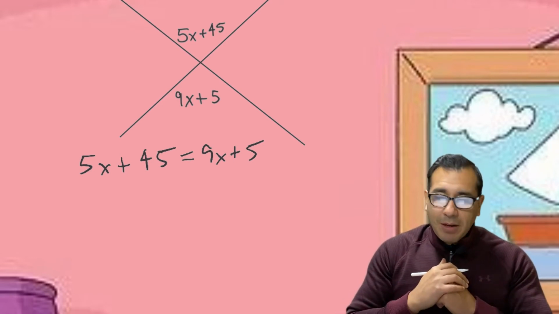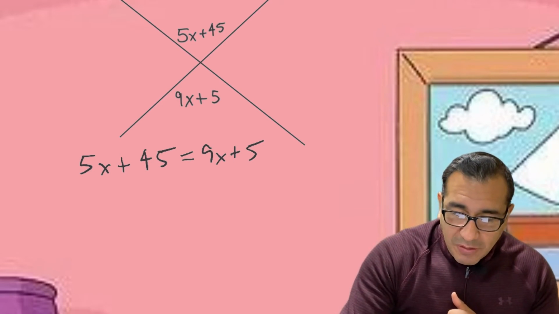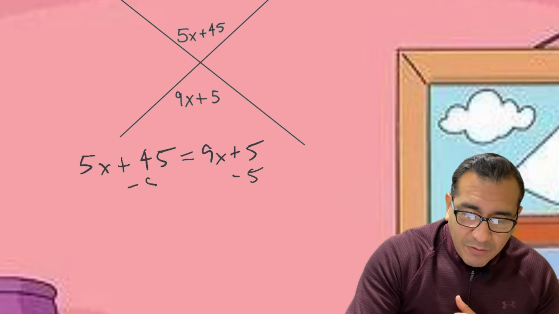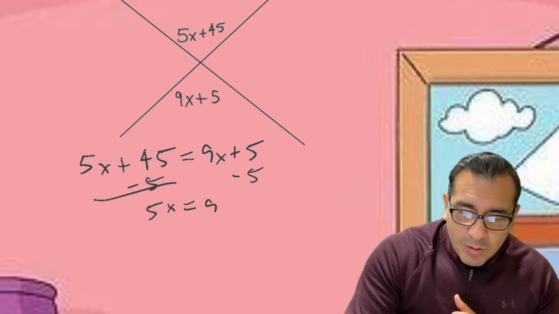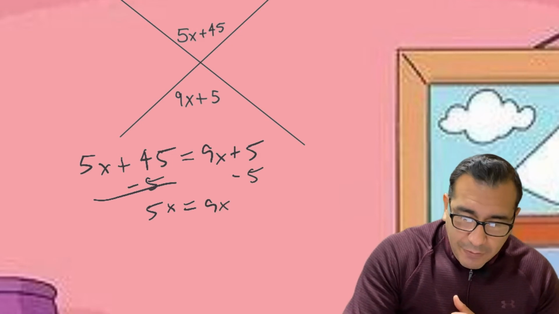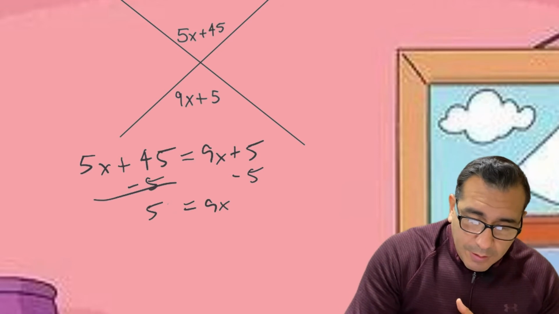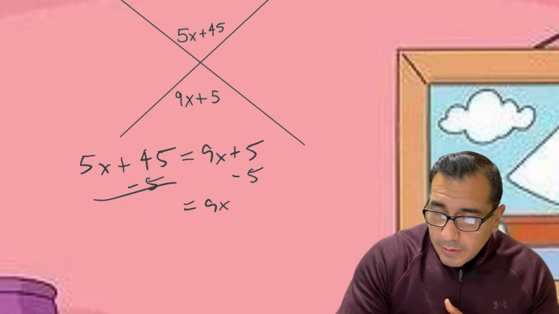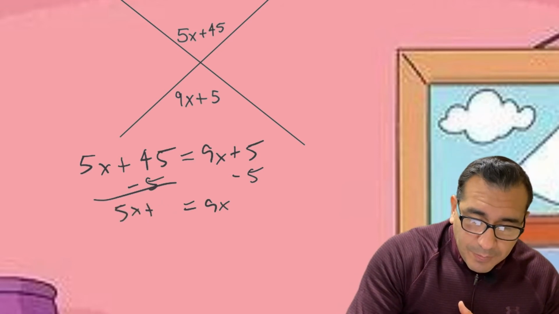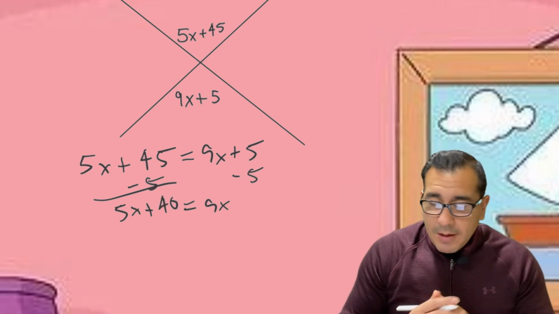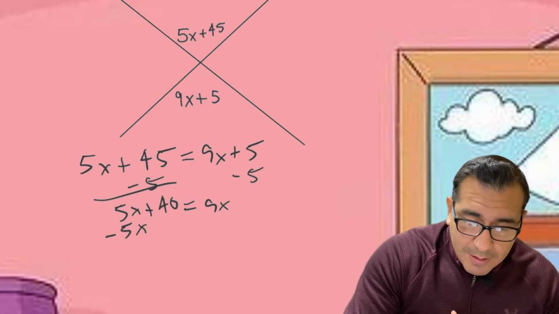That easy. There are so many different ways of solving this. We'll subtract 5 from both sides. We're going to get 5x equals 9x. I forgot the plus 40. Let me erase that real fast. So we've got 5x plus 40. Subtract 5x from both sides.